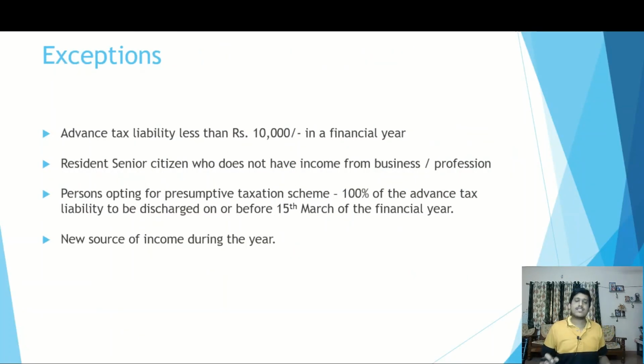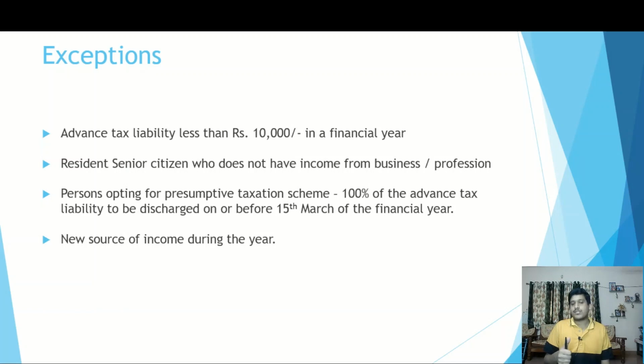So there are certain exceptions that we need to discuss. First is the basic one, which we have already discussed. Advance tax liability arises only when the advance tax liability is exceeding 10,000 rupees. So if the advance tax liability is less than 10,000 rupees, there is no advance tax liability to be paid.